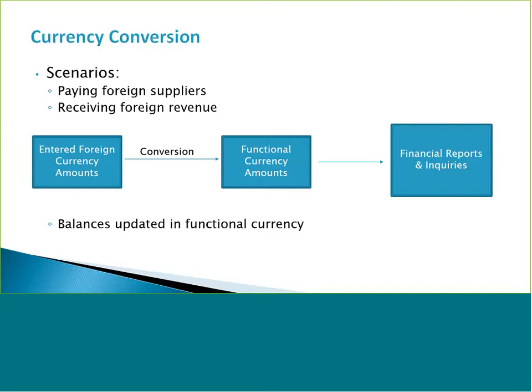So we enter journals in US dollars, we post those journals, and they hit the respective balances, and we can then do reports and inquiries against those balances, and the results come out in the functional currency, the US dollar.